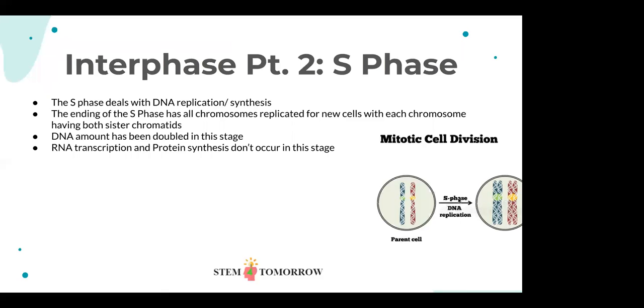And sister chromatids are each pair of the lines that you see inside the graphic on the right hand side. As you can see, the numbers of blue and red chromatids have doubled. And finally, RNA transcription and protein synthesis don't occur in this stage.